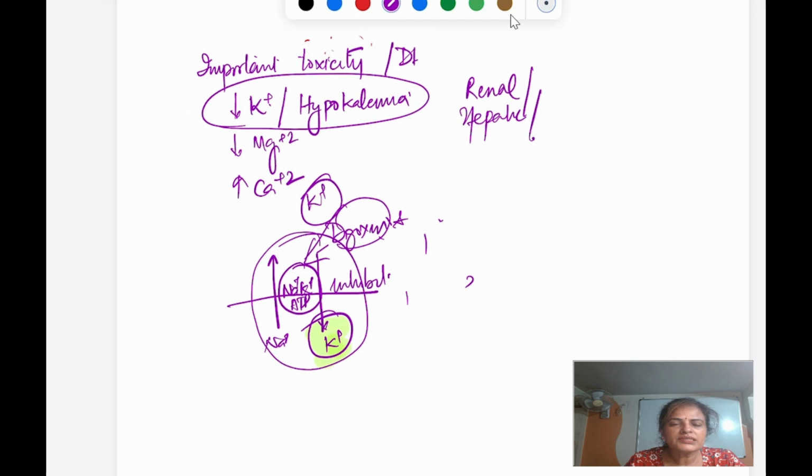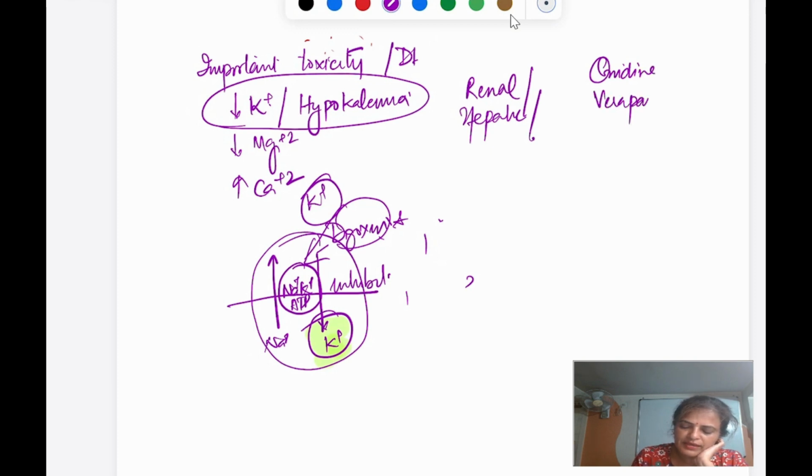Then thyrotoxicosis can also cause the toxicity. Then there are a few other important drugs which can cause the toxicity. They displace it or they decrease its clearance, like quinidine.